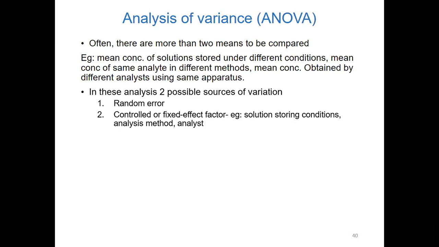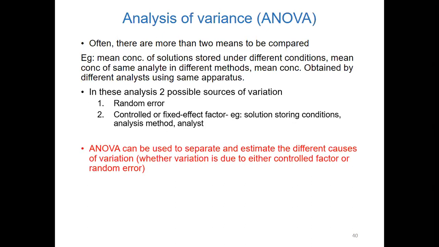So these two possible sources of variation exist. Using ANOVA, we can separate and estimate the different causes of variation, whether the variation is due to a controlled factor or to random error. So using ANOVA, we can determine whether it is random error or a controlled or fixed effect factor. That is the importance of ANOVA.